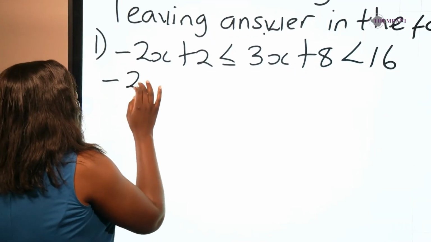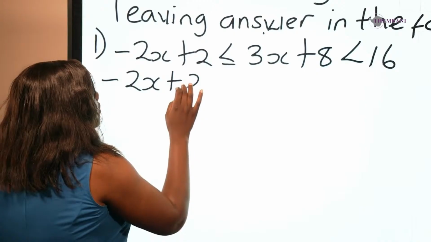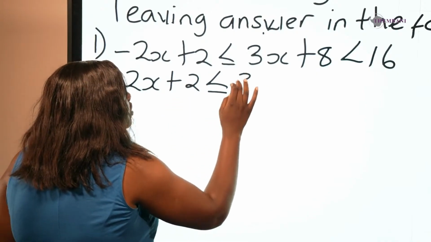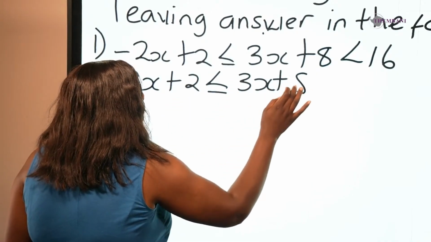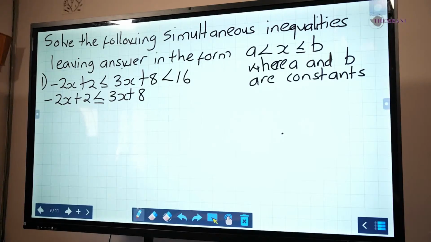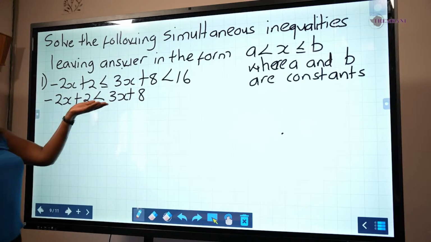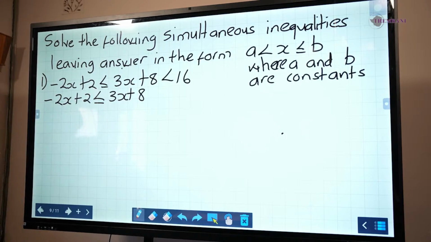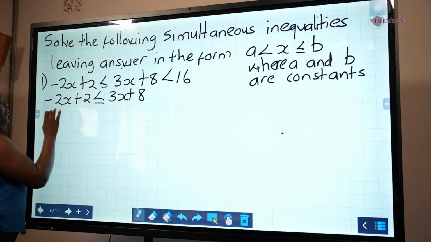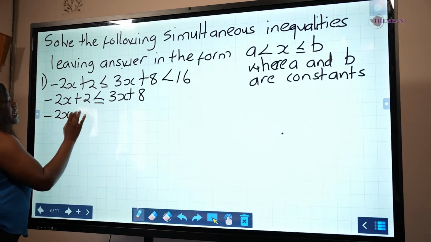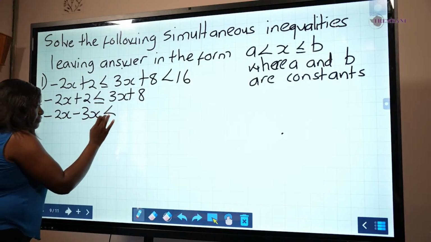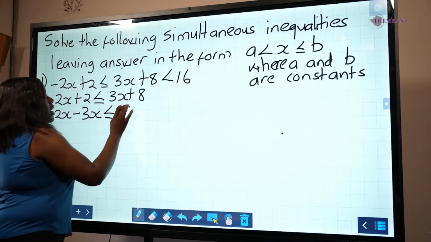We have negative 2x plus 2 is less than or equal to 3x plus 8. We group like and unlike terms. So for us to remember to divide by a negative, I'm going to move this 3 to this side so that it becomes negative. So I have negative 2x, negative 3x is less than or equal to 8.